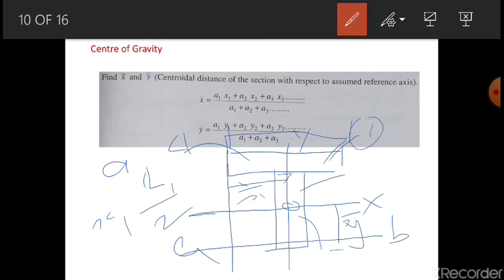Then in case of this second body, x2, here it is width, so w1 by 2. I am not able to draw it properly, but when we start solving the problems I will explain once again.